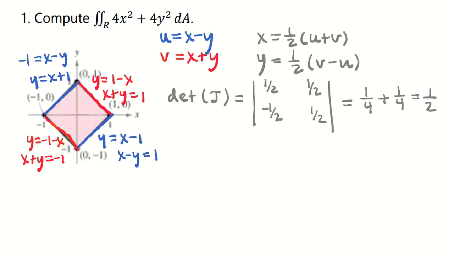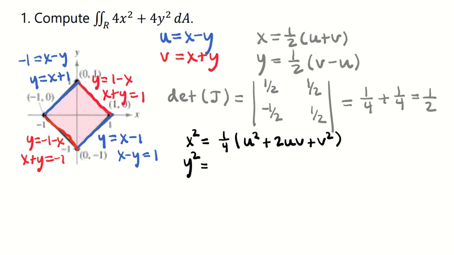Now we're going to convert our integral into u's and v's. So 4x squared plus 4y squared, maybe I'll call that 4 times x squared plus y squared. I remember I've done this before, so I'm going to do x squared and y squared right now. x squared is going to be 1/4 of u plus v squared, which is u squared plus 2 times u times v plus v squared.